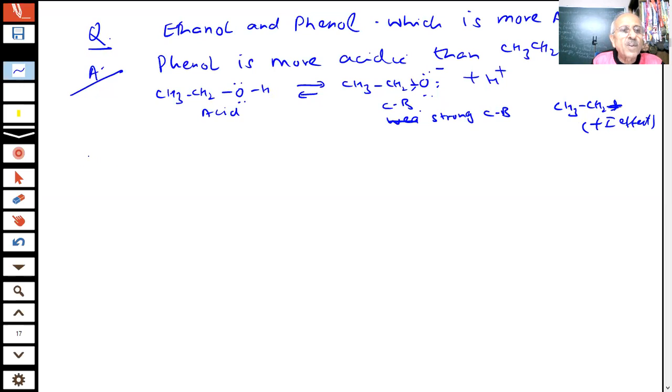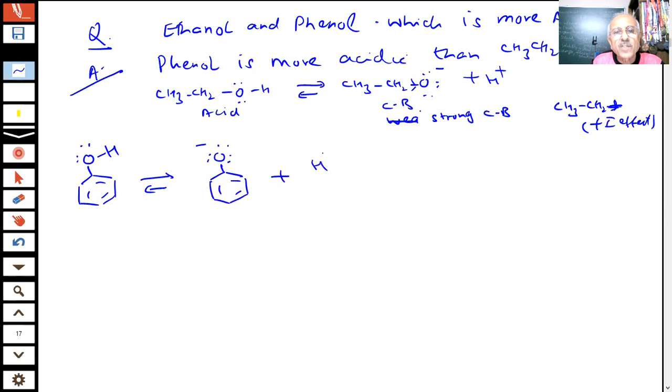Now what happens in phenol, student? It forms O minus and H plus.